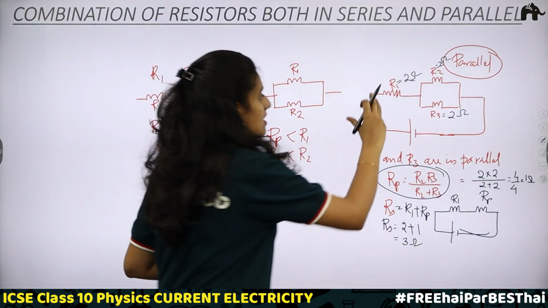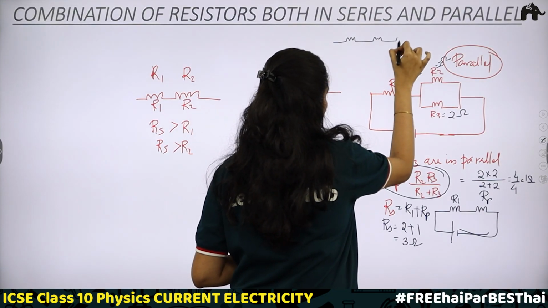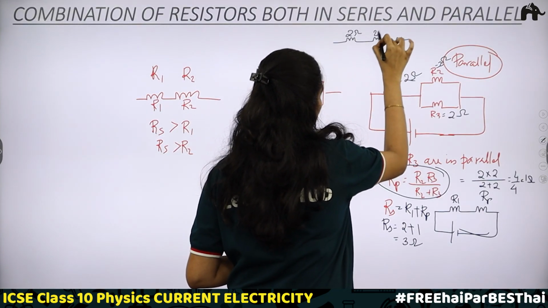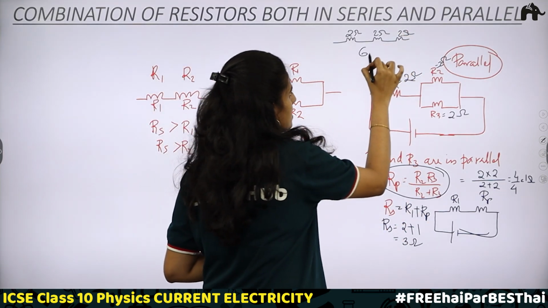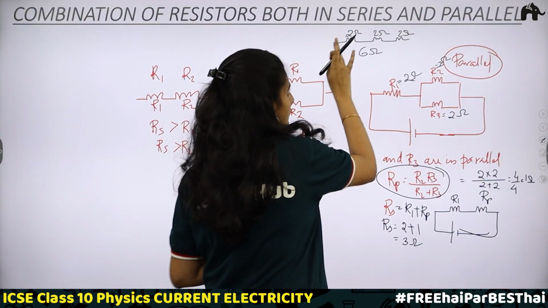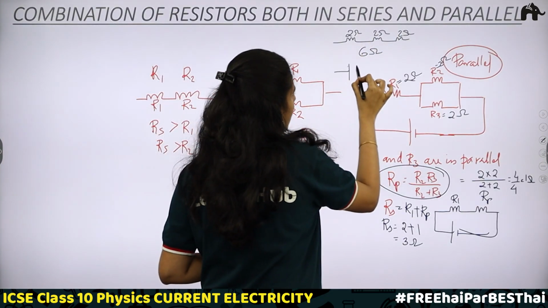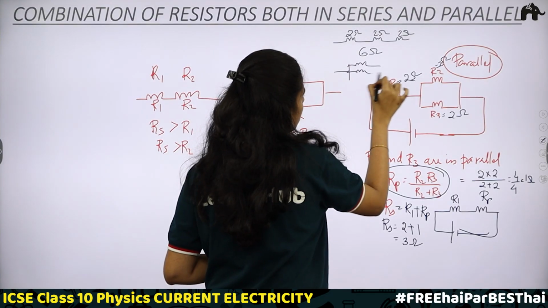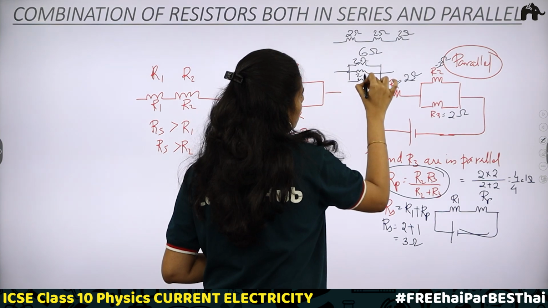Okay. When these are connected in series, if 3 resistors are connected in series, what is the effective value? 2 ohm, 2 ohm, 2 ohm. What do we get? We'll be getting 6 ohm on adding this. R1 plus R2 plus R3, you get 6 ohm. Okay. When they are connected in parallel, what is the value? 2 ohm, 2 ohm, 2 ohm.